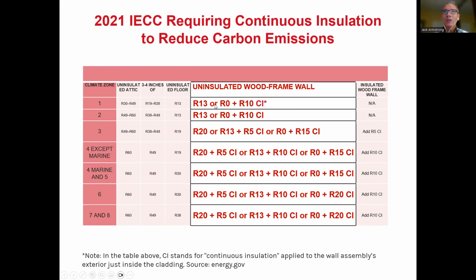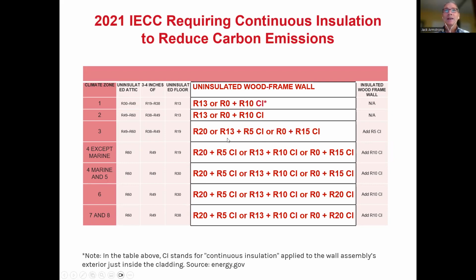Or if you don't put insulation in the cavity, you can put it all externally as an R10 of continuous insulation. But as you get further up into the middle of the United States in climate zone 3, you have to have an R20 in the cavity, which means you have to have a thicker wall, not a 4.5-inch wall, but probably a 6.5-inch wall.